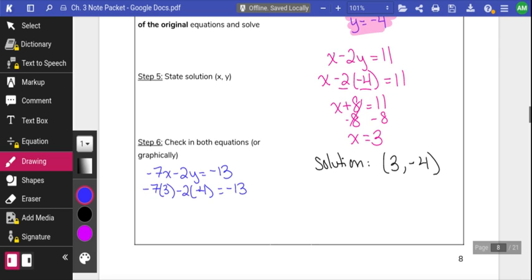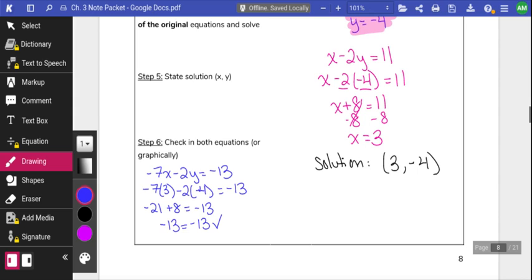Let's see. I can say that -7 times 3 is -21 plus 8 equals -13. -21 plus 8 is in fact -13. So that means that the first equation is true.